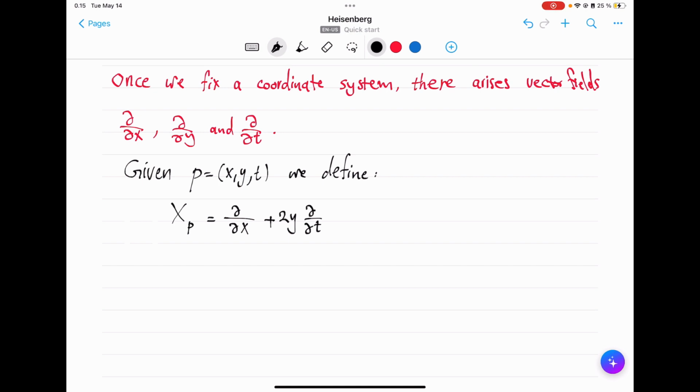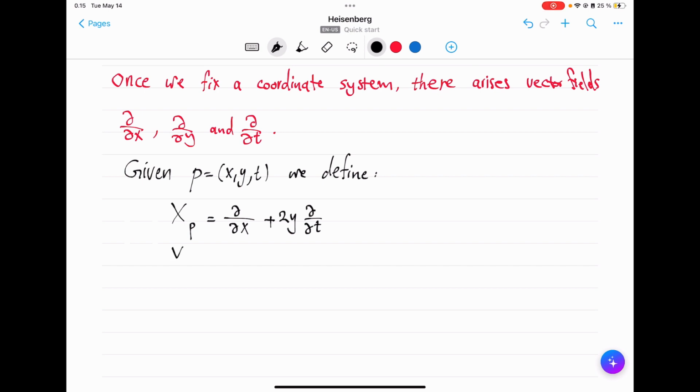We see here that the vector field definitely depends on the point P because we need to get this y from that coordinate. And therefore we cannot really drop the notation X_p in this coordinate system, of course.